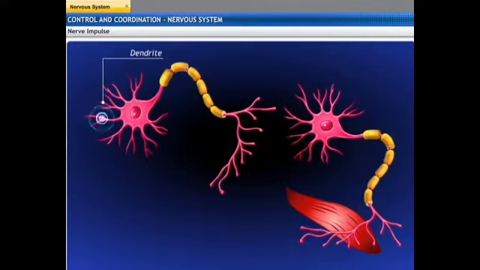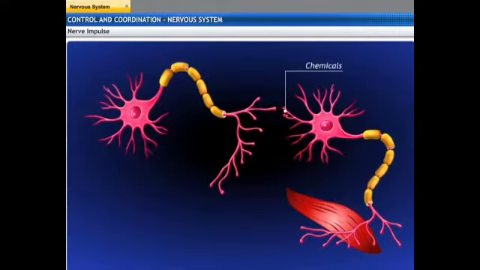Now the external information from the dendrites enters into the cyton, that is the cell body. The messages are ultimately integrated, analyzed, and then the information reaches the axon. That information goes on into the dendron of the other neuron by means of the synapse.